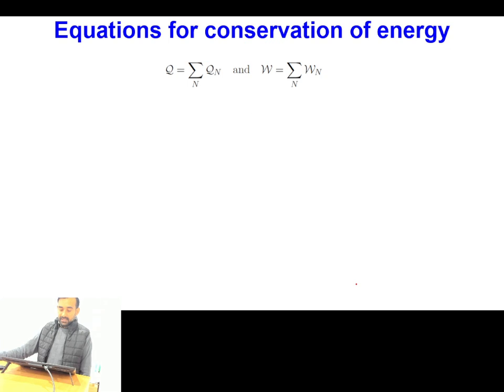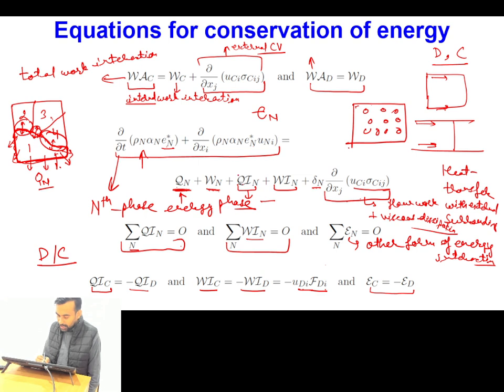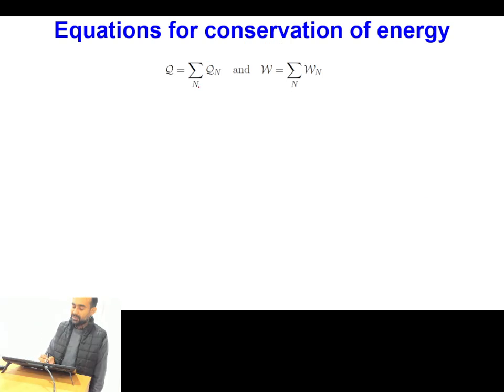Okay. Now, when we are doing this summation, till now we have discussed only these terms. When I will be doing summation for Q1 and W1, then I will be getting capital Q, say overall net heat transfer with external surroundings, equal to summation over n of Qn. So it means the total heat transfer of all the phases with the external surroundings.